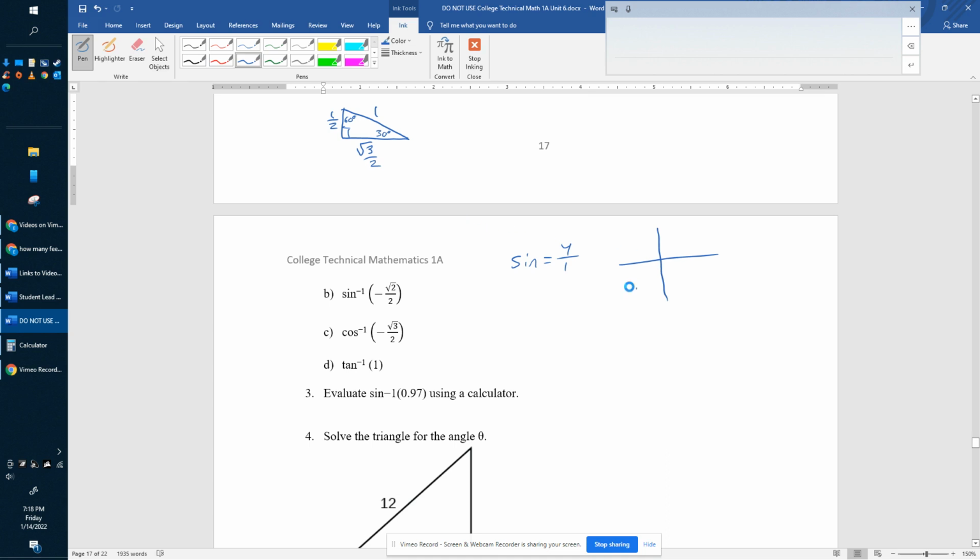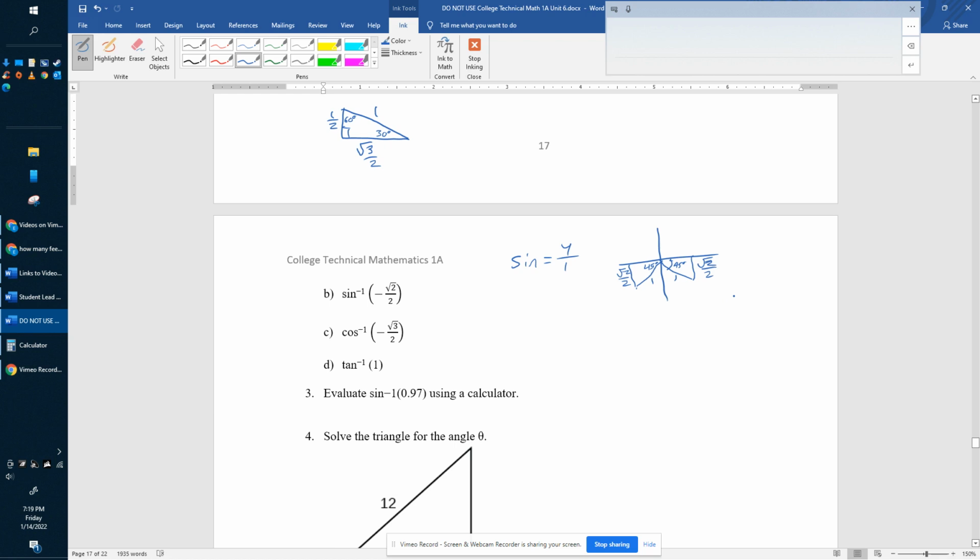So y is negative here. Y is negative here. So if this is 45 degrees, and this is 45 degrees, we have 1, 1, square root of 2 over 2, square root of 2 over 2.